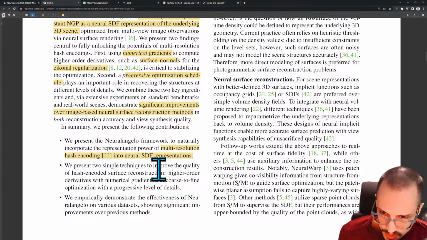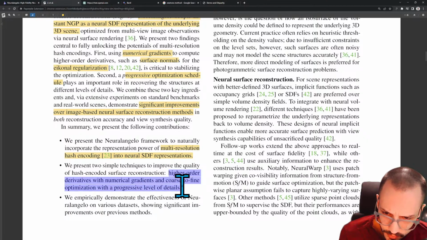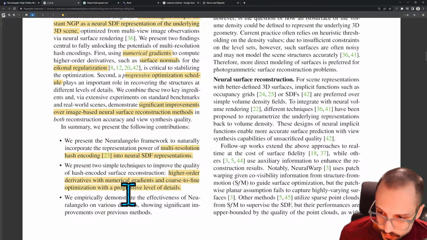We present 2 simple techniques to improve the quality of hash encoded surface reconstruction: higher order derivatives with numerical gradients and coarse-to-fine optimization. Okay, so this is the kind of optimization schedule that they were talking about, where I guess they're going to be starting from coarse and then eventually moving to finer and finer details. And then the higher order derivatives using numerical gradients, which probably makes things faster.